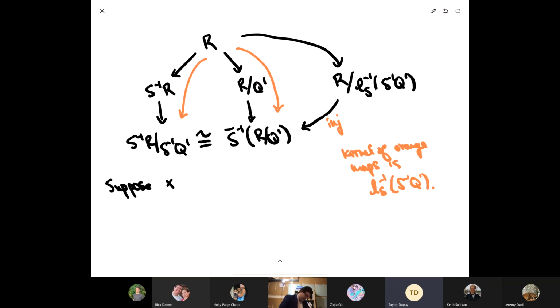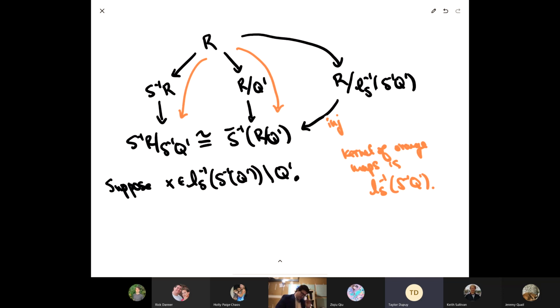Okay, so now here's what we're going to do. I'm going to suppose that this thing is not Q prime. Suppose that X is in LS inverse of S inverse of Q prime, set minus Q prime.